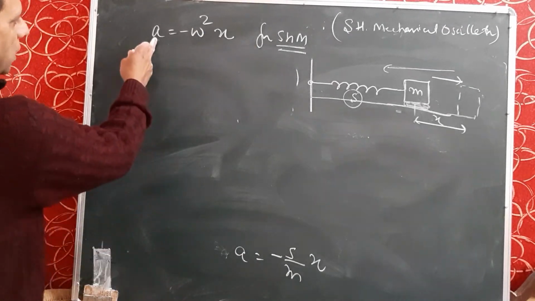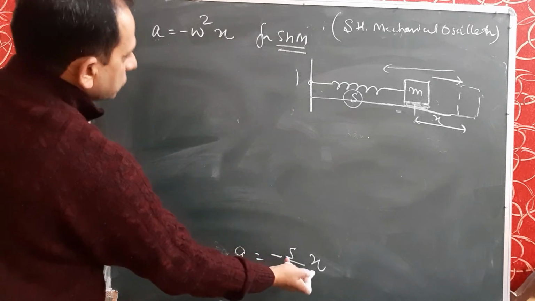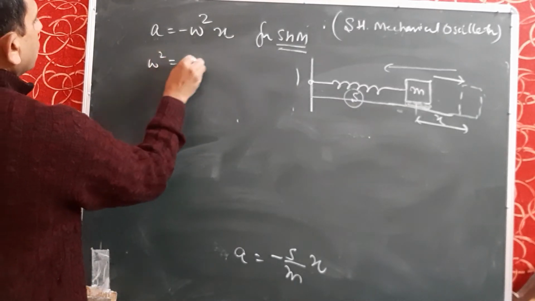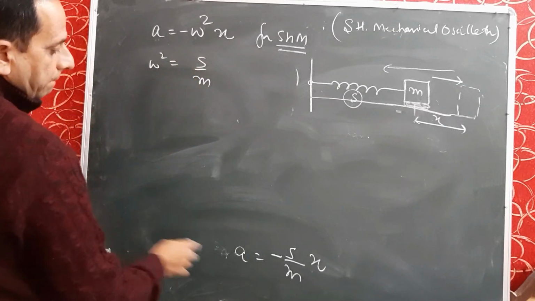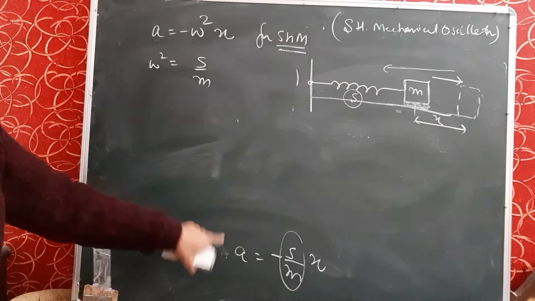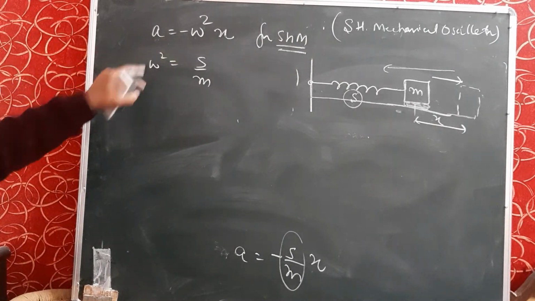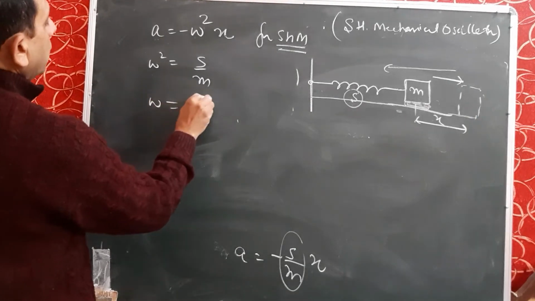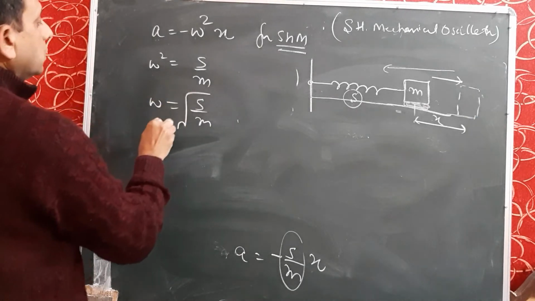On comparing, x may be displacement, and omega square is equal to S by m. We compare it with the standard equation, minus with minus. So omega becomes S by m under root.